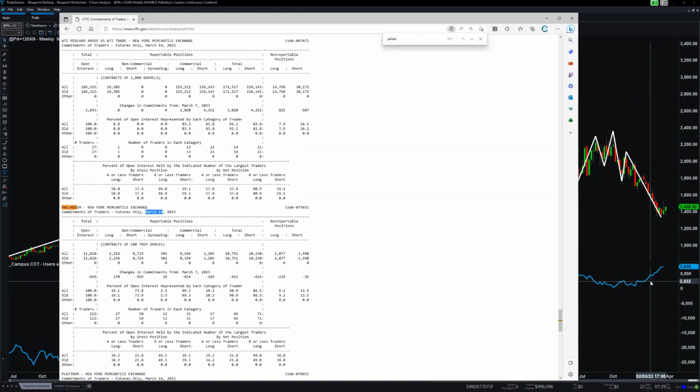However, we take that trade-off of the delay because anyways, this is a setup tool, right? It's not a timing tool. And most of the time, these extreme readings that we'll be looking at, they'll stay for quite some time. And so we do have some time to position ourselves, even with a week delay here.